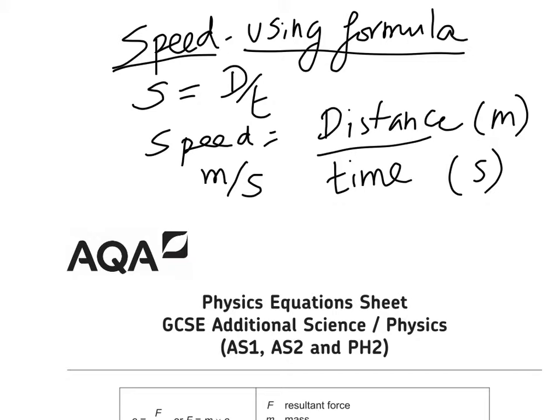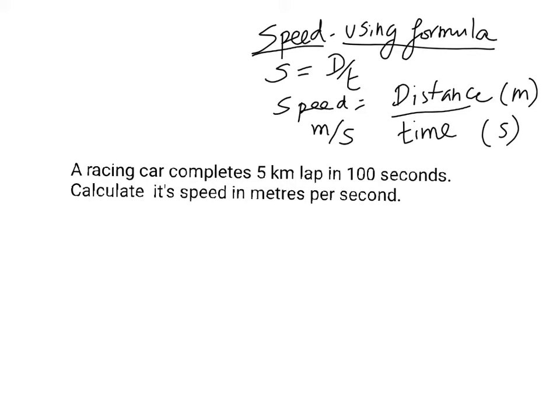Now let's move this equation sheet away and focus just on the formula. If this is the problem that we have to solve, a simple question, we have to work out the speed in meters per second. The only small adjustment that we have to make is we have to convert 5 kilometers into meters.